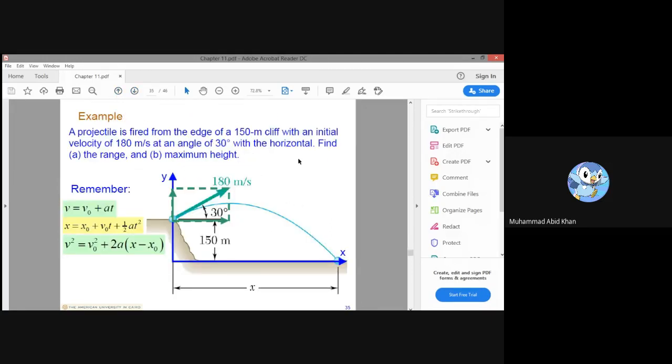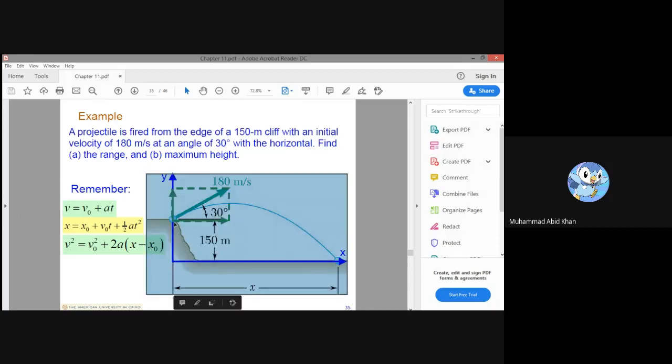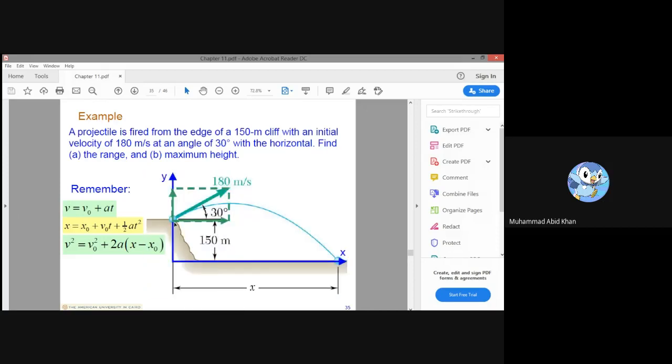Okay, a projectile is fired from the edge of a 150-meter cliff. 150 meters, this is the distance from here to here, that is the distance, with an initial velocity of 180 meters per second.